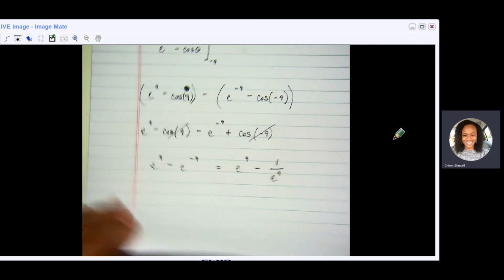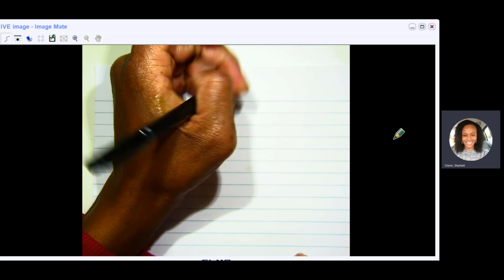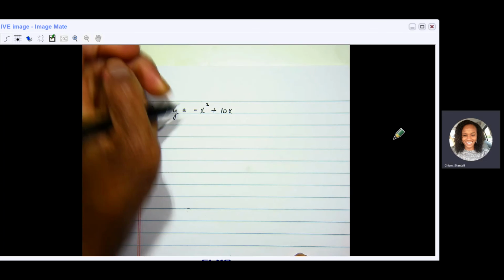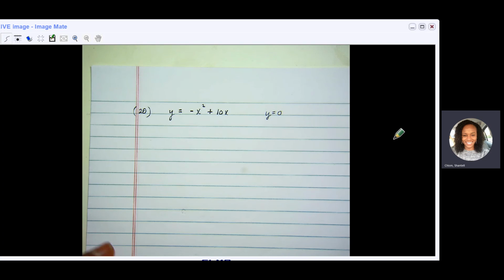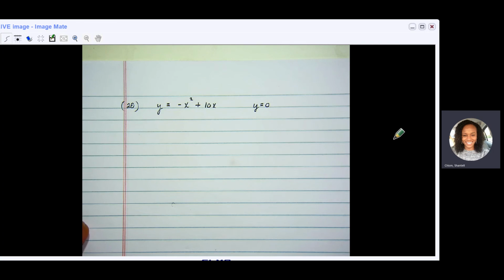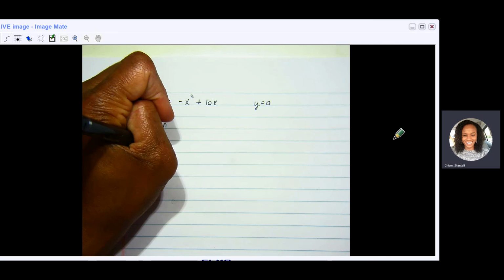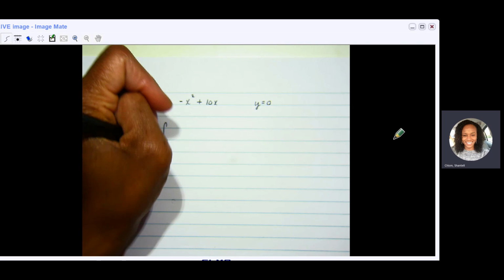This is number 20. And it's y equals negative x squared plus 10x. And it says y is equal to 0. So the directions are: find the area of the region bounded by the graphs of the equation. So we're going to find the area, and remember, area is equal to the definite integral of this function. Now what we have to do is figure out what the endpoints are going to be.